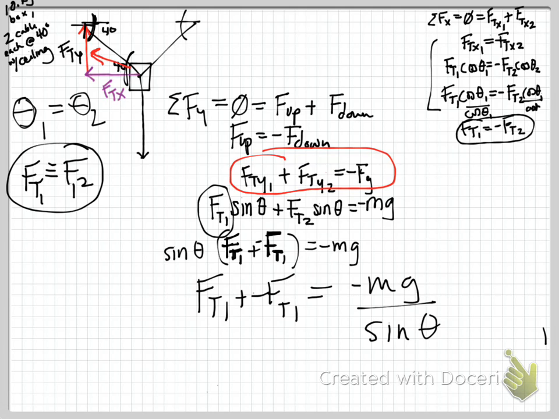So let's look at our picture again, and I'll add one more color. I'll do it blue. So f of tx1 and f of tx2 cancel one another out. Do you see that from the picture? F of ty1 and ty2 do not cancel one another out.